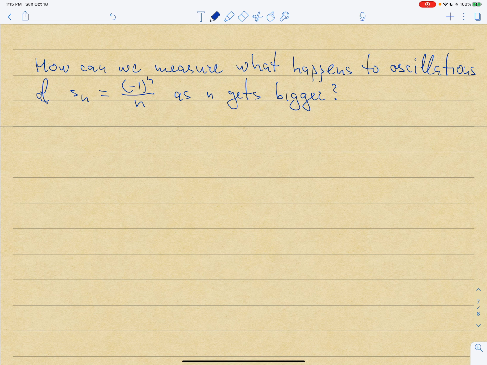So one thing that we can do, the sequence Sn is also a set.